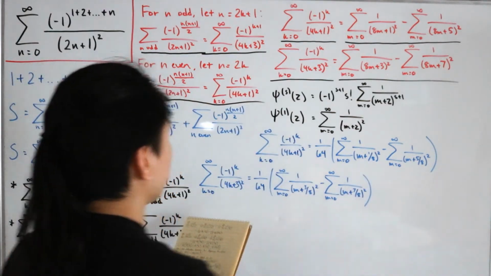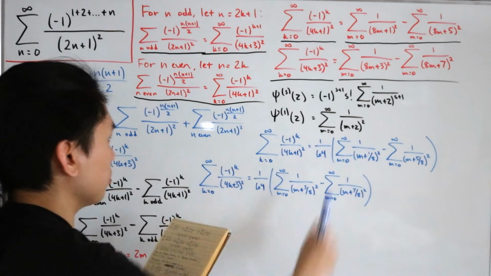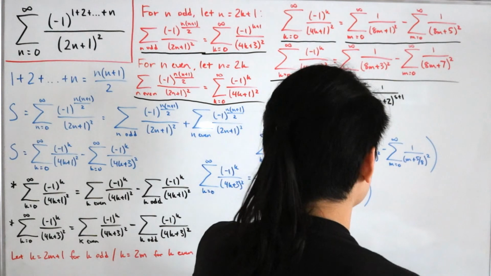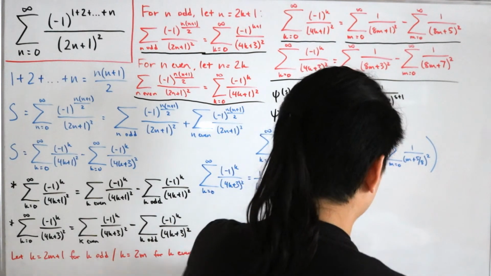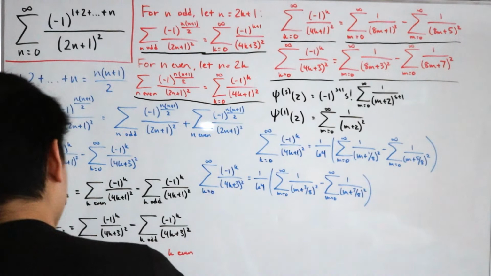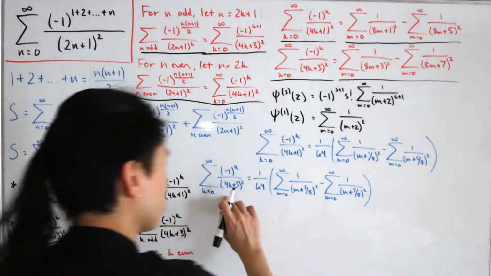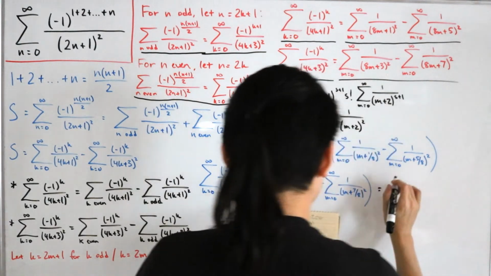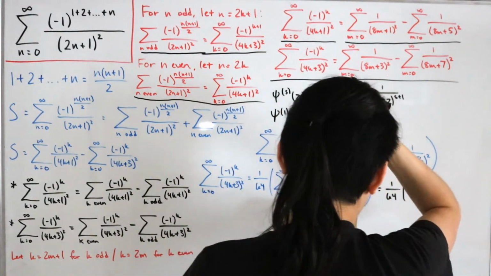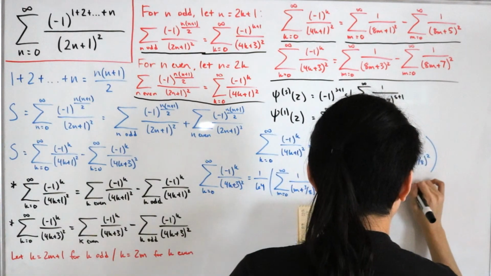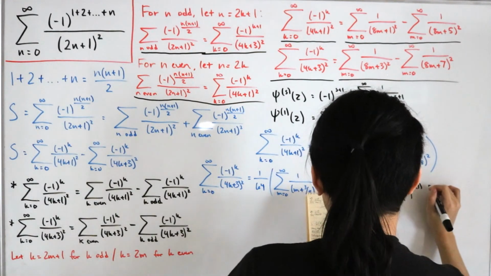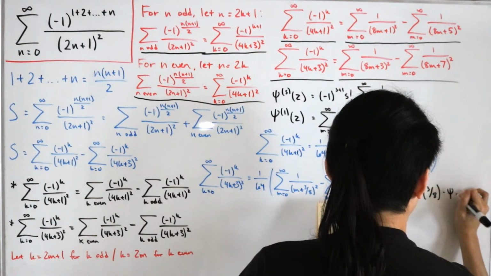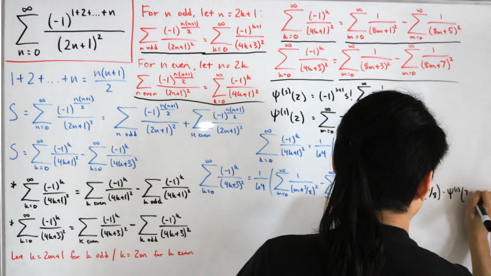And so from here, now we can actually apply this trigamma formula and do a little bit of substitution. I'm going to switch to a different marker and write the new rewritten expression using the trigamma function. So for this term, specifically 1 over 64 multiplied by the trigamma, I'll write this as psi of order 1 of 3 over 8, then subtract psi of order 1 of 7 over 8.